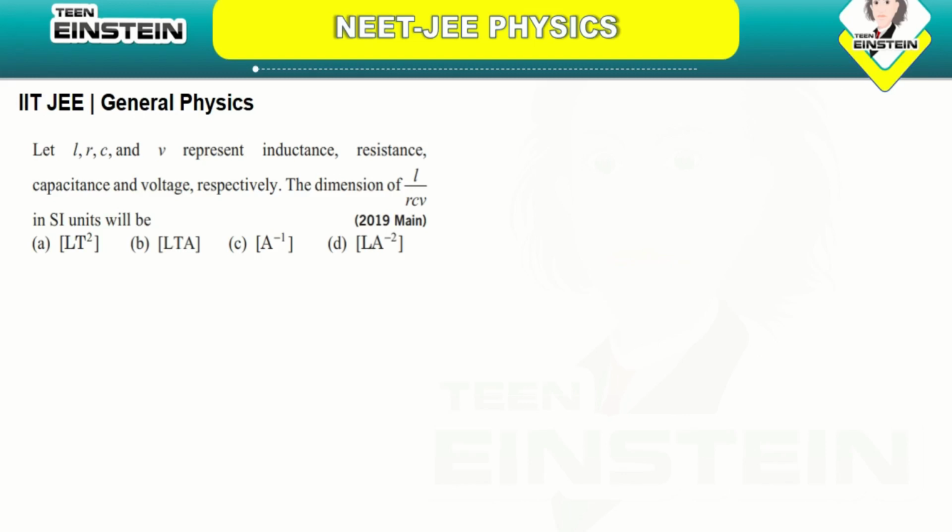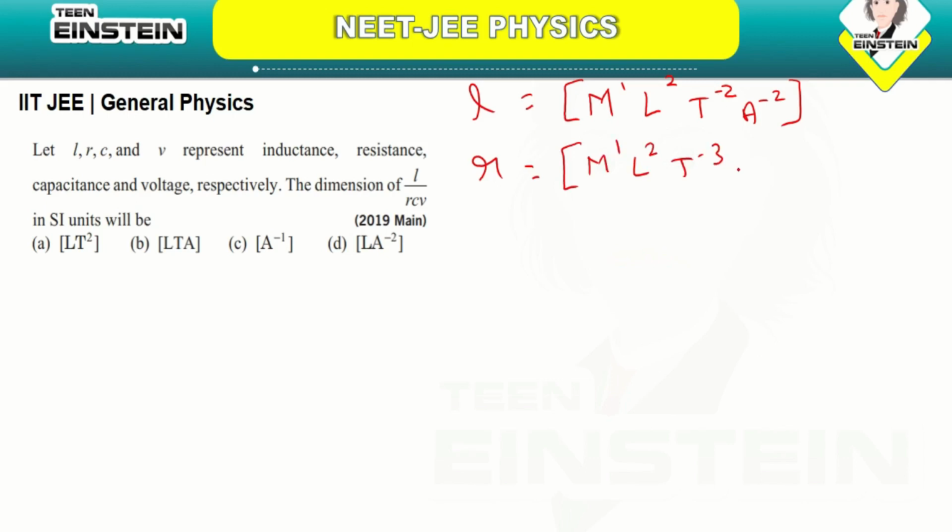So we know that the inductance L is equal to M L square T power minus 2 A power minus 2. Similarly, the resistance dimension is M 1 L square T power minus 3 A power minus 2.